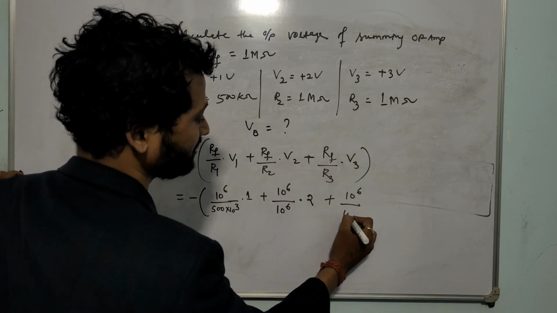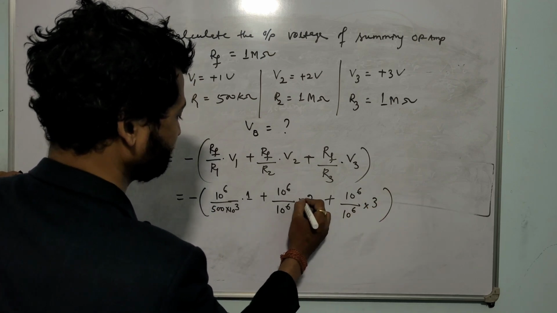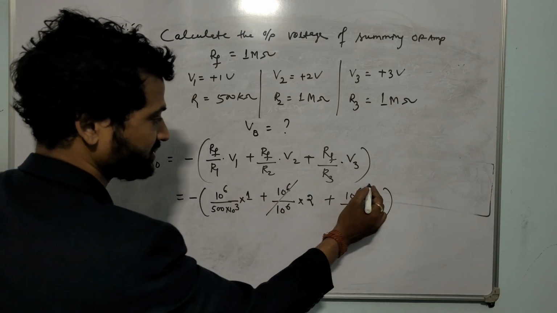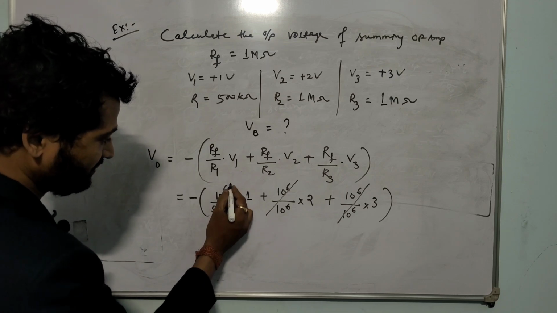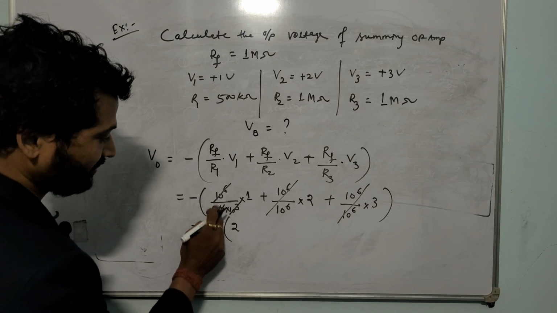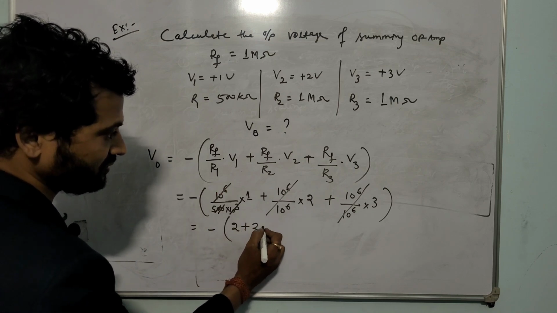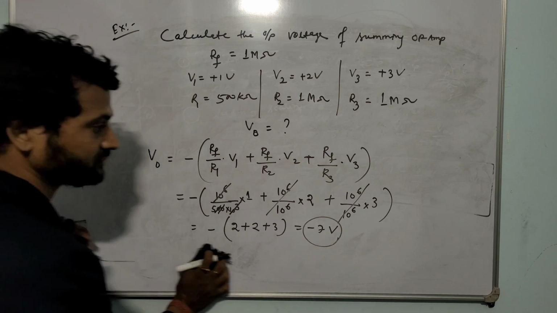R3 कितना है? 1 मेगा ओम मतलब 10 to the power 6 ओम into 3. ठीक है, so now it will be cancel. यहाँ पे 10 by 5 मतलब माइनस होगा, -2 होगा. ठीक है, यहाँ पे 2 होगा कि नहीं? 2 plus 2 plus 3, so answer is -7 volt. ये हो गया आंसर.